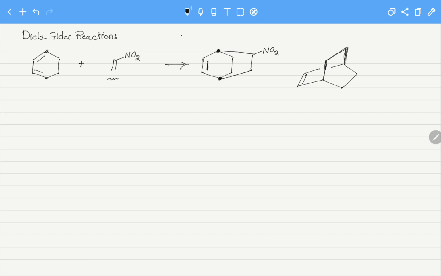The double bond will be here. Those are the base carbons. This is the bridge, which is this one, and then this is a group, the NO2 group.